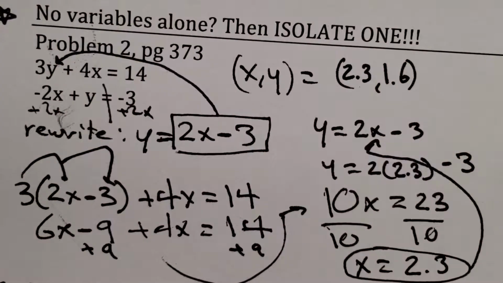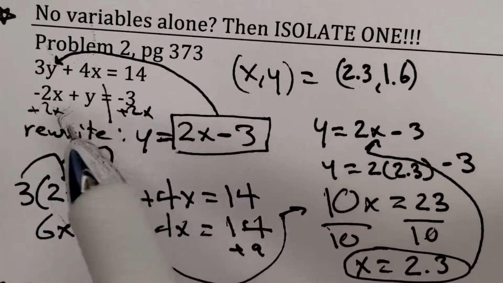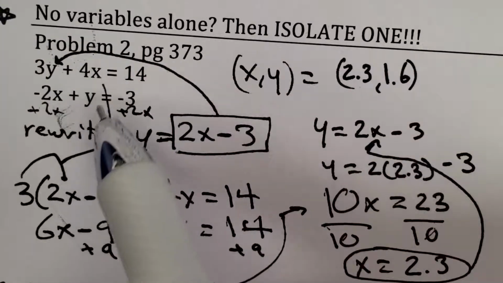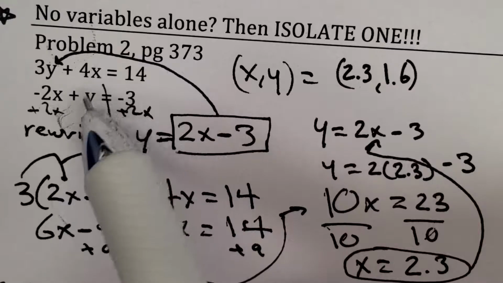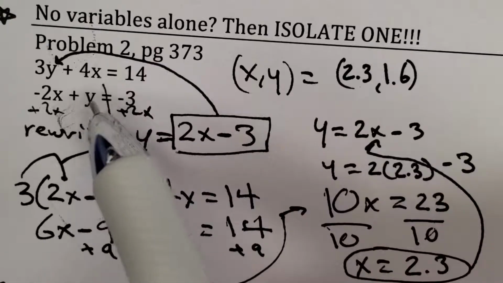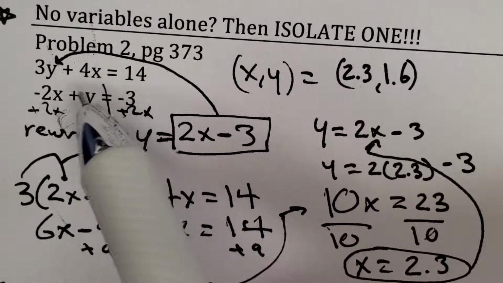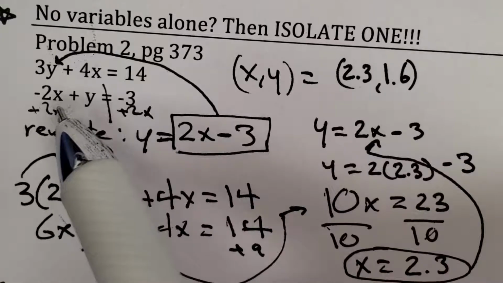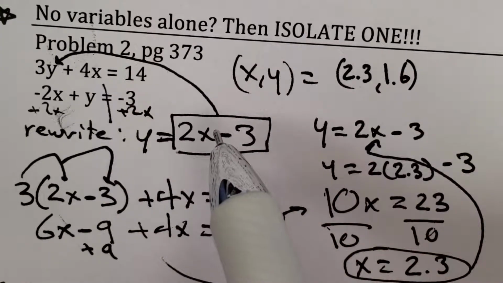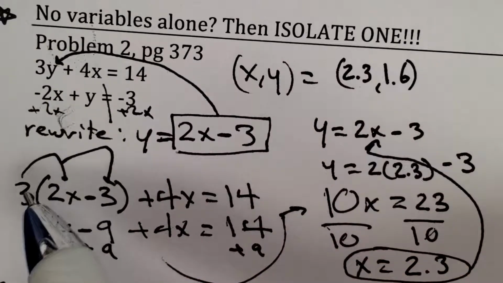Let's rework it here. So again, if you don't have a variable alone, isolate the variable. We decided to isolate y because it was the only variable that didn't have any extra baggage with it. There's a 4, there's a 3, there's a negative 2. This y is already alone, kind of, but it's not isolated. So I got rid of this negative 2x by adding 2x to both sides. Y equals stuff. Stuff goes in for y. Rewrite.